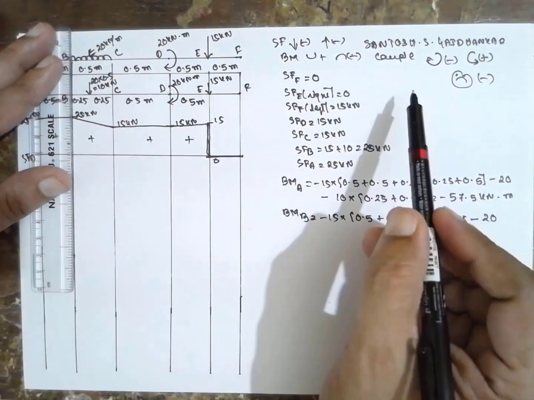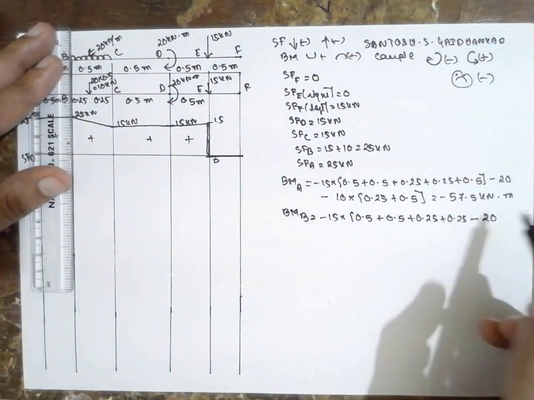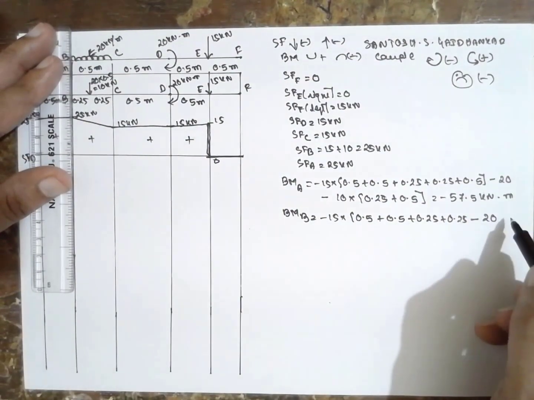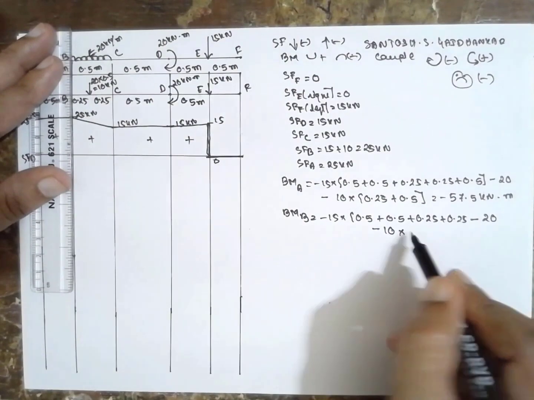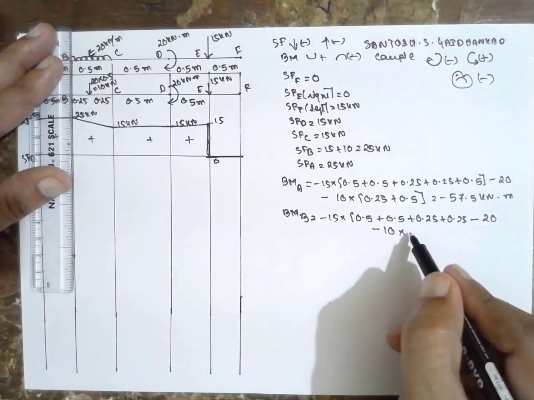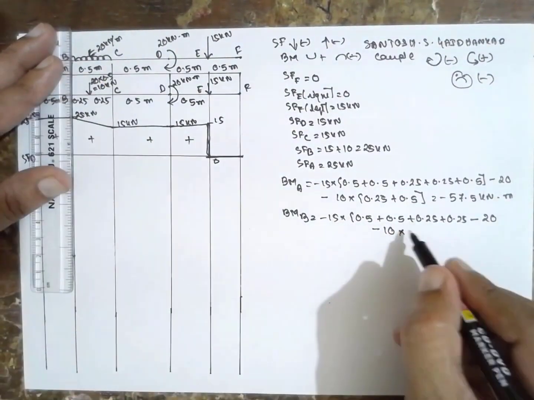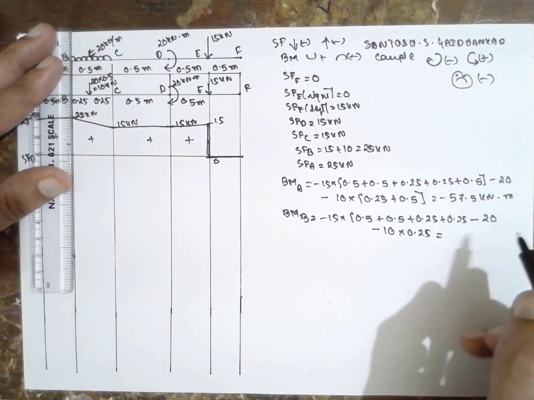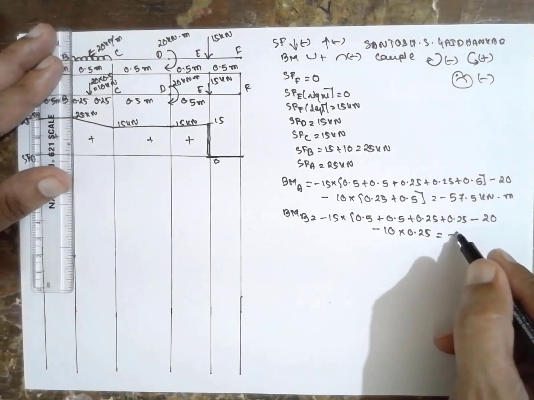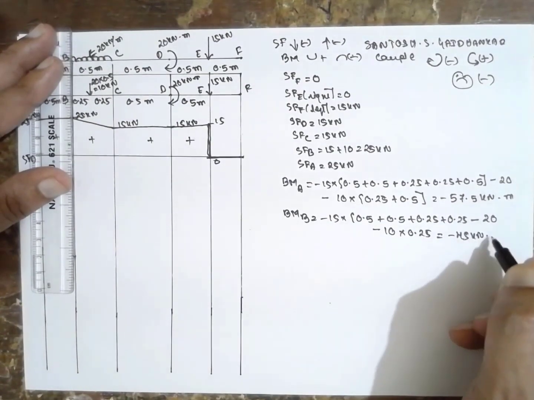Please, when you consider the couple, don't multiply the distance. Minus 20. Next this part, minus 10 into 0.25, because you have to measure from this part. The answer is minus 45 kilonewton meter.